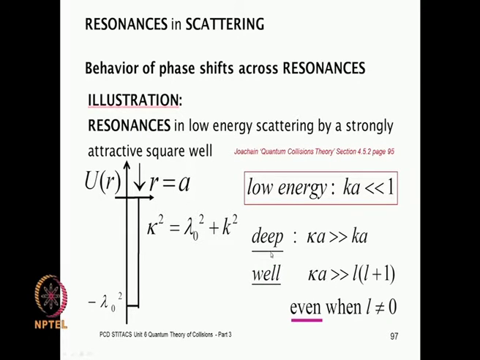So, you have a deep well, and the reason I refer to this as a deep well is because kappa A in this case is much larger than L into L plus 1 even when L is not equal to 0. So, as you can see from this right hand side, the value will increase with the value of L, but we are dealing with such kappa with such depth, so that kappa A is always greater than L into L plus 1.